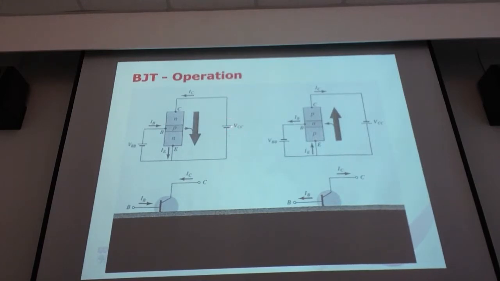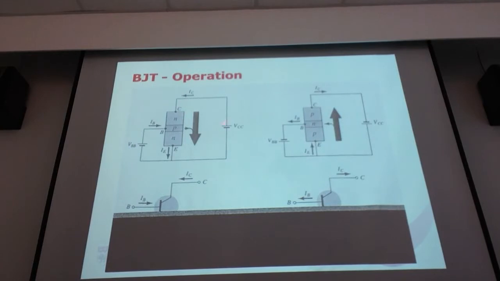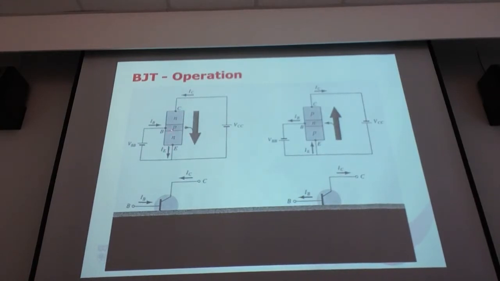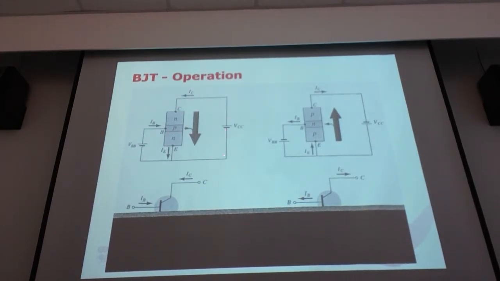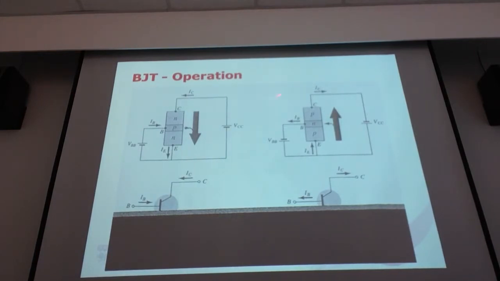It's actually connected to the collector because the carrier here is electrons, if you remember, and we have to emit electrons from the emitter, which means it has to be connected to the negative side, right? So we only apply voltage at VBB. VCC is what we get. No, VCC, of course, we also apply voltage so that there will be electrons generated. If there's no voltage, how can we get electrons?